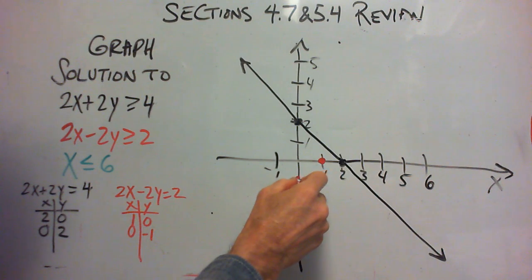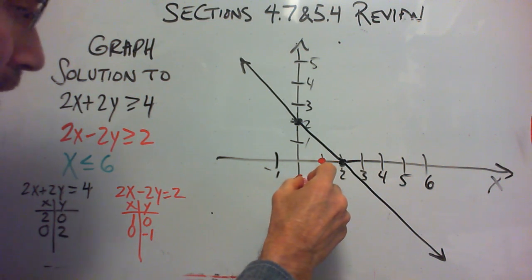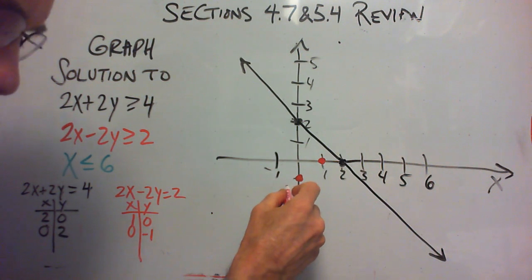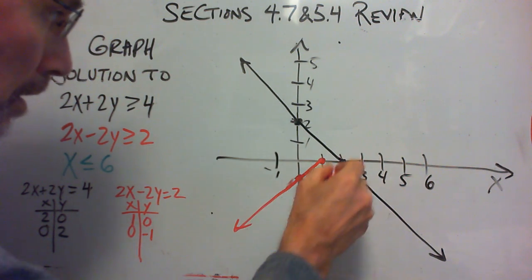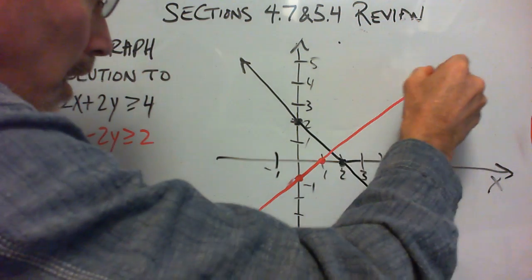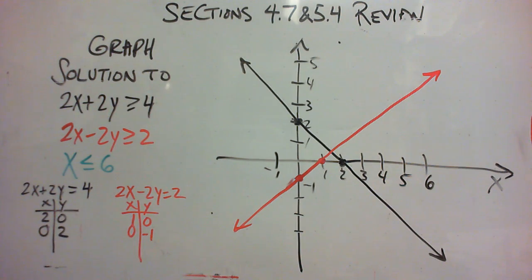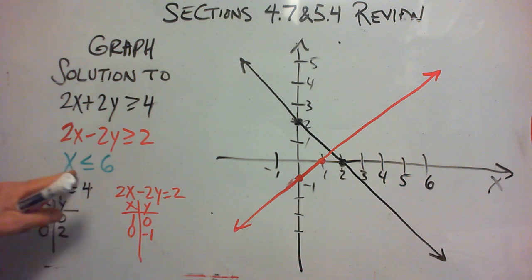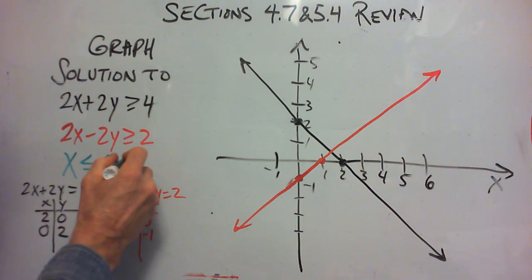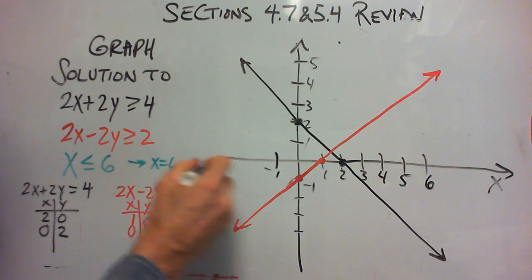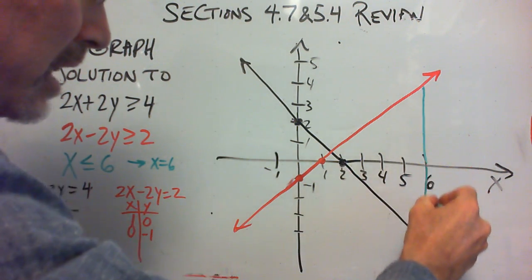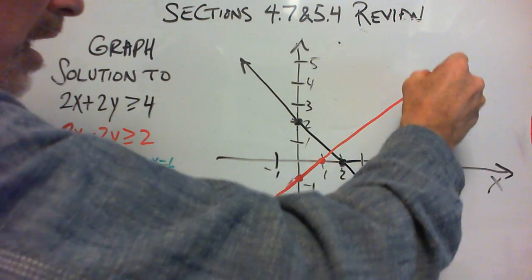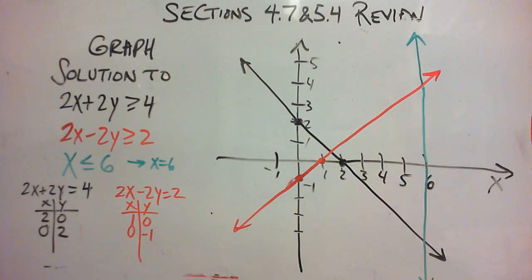So 1, 0, 0, negative 1. And then for x less than or equal to 6, the boundary line for that is just the vertical line, x equals 6. So we have a solid line at x equals 6. A solid vertical line, that is.